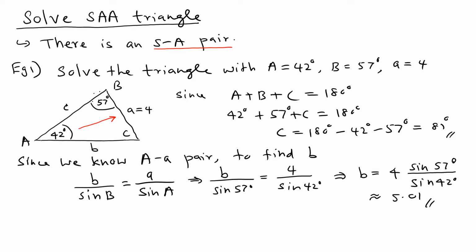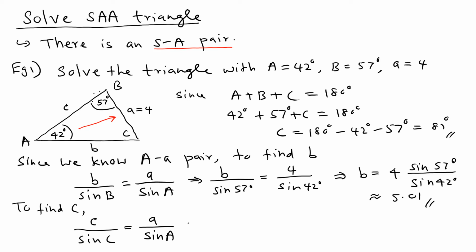And then again, to find c, we do the same thing. We write c, because that's what we are looking for, over sine C, which again equals a over sine A. From the sine law, we only use 2 ratios at a time, because we need to know 3 of the values, and then we can find the missing one.